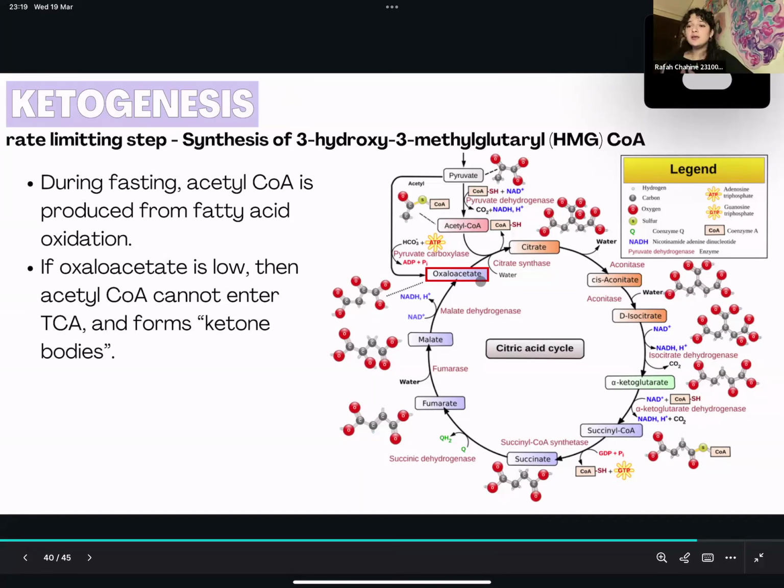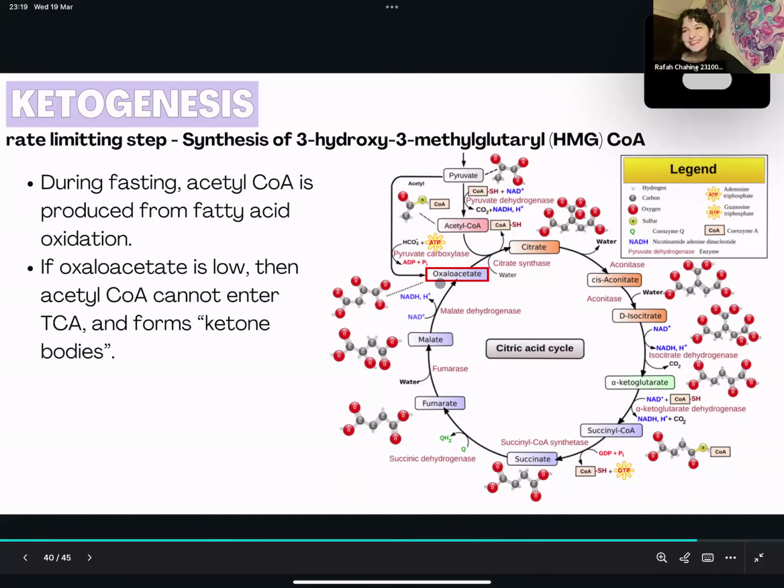So instead, it is going to go with pyruvate carboxylase, which, if you remember, I previously mentioned, into ketogenesis. That is all you need to know from this slide. Oxaloacetate is low because of fasting. Acetyl-CoA cannot enter the citric acid cycle. It will go into ketogenesis. That's all you need to know. Now, we're going to move on to actual ketogenesis, which is actually pretty easy.